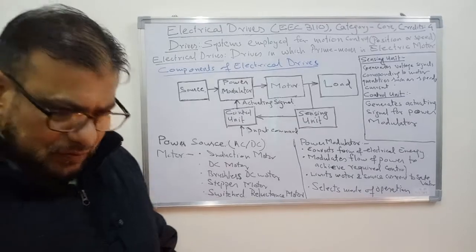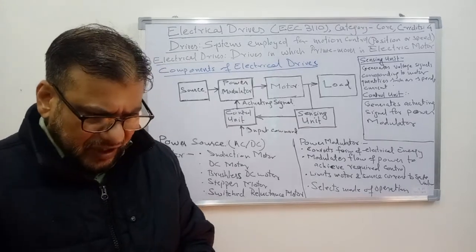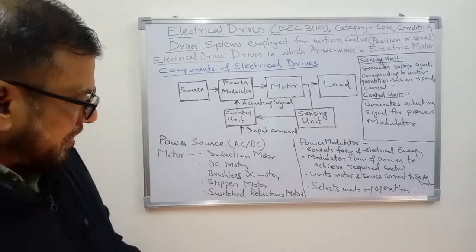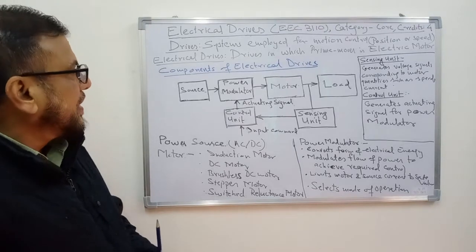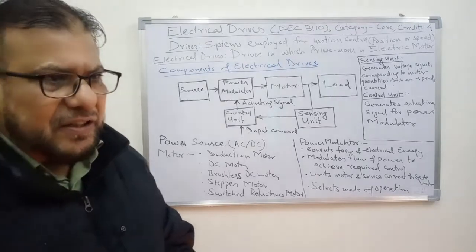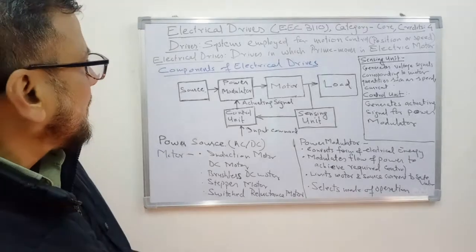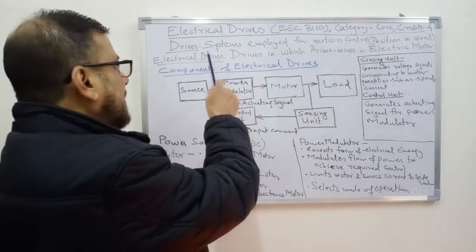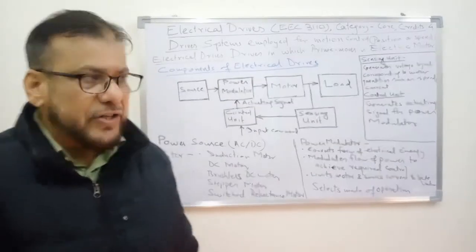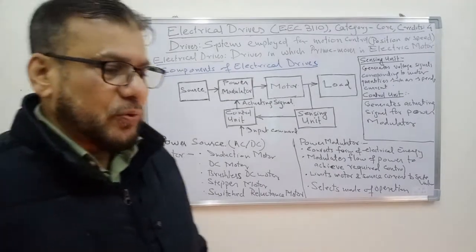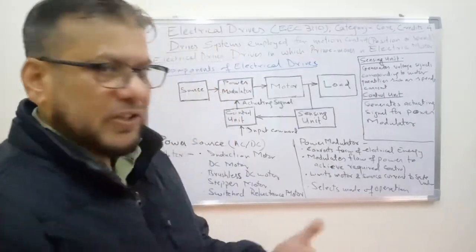Now, before we start the syllabus and we start serious discussion on the various topics here, let me first define what drives actually means. So, drives is systems employed for motion control of certain load.